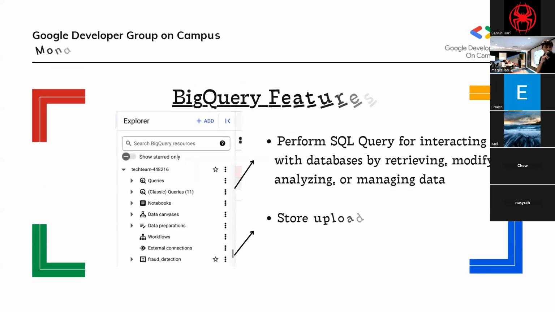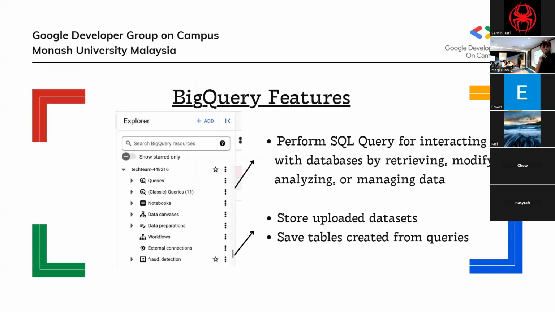Further on, we're going to be going into more detail after these slides, when we're going to be practically using BigQuery with SQL queries and some data sets that we prepared for you. But for now, you can perform SQL queries for interacting with databases by retrieving, modifying, analyzing, and managing data.